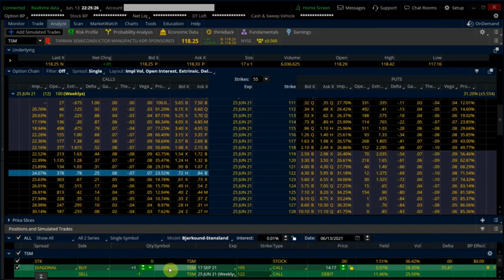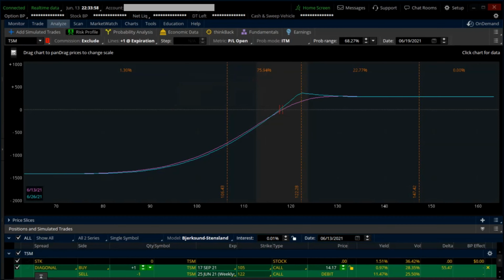So I want to analyze my trade. I will go to the risk profile over here. So moving on to the risk profile of the diagonal spread, you can see here from the charts that my max loss for the trade is at around $1,416. My max gain for the trade is at around $283, and that's because I have a short call position that is limiting my gains.